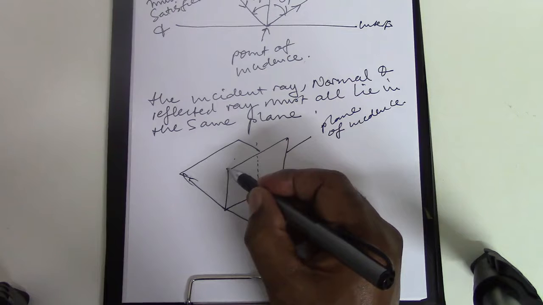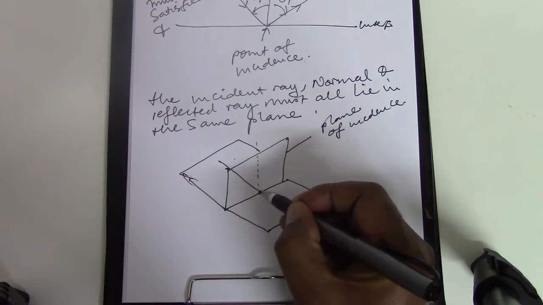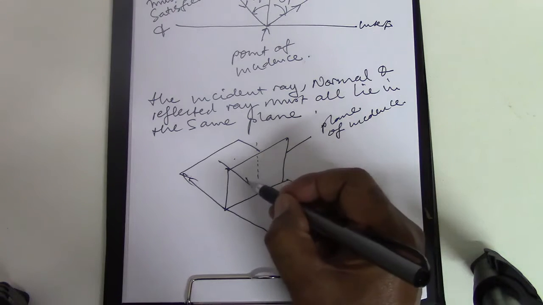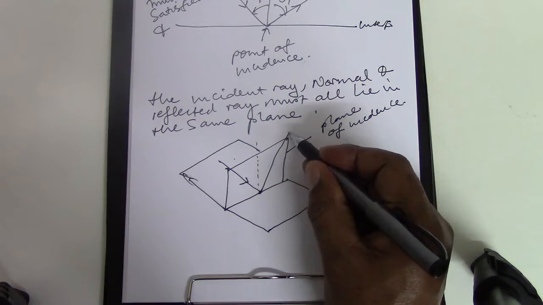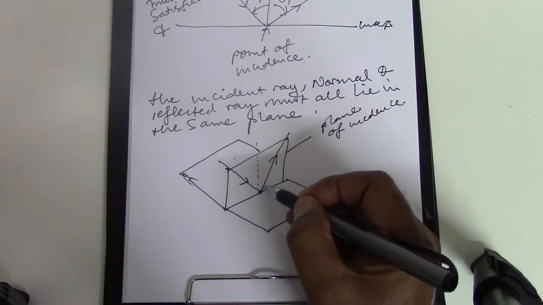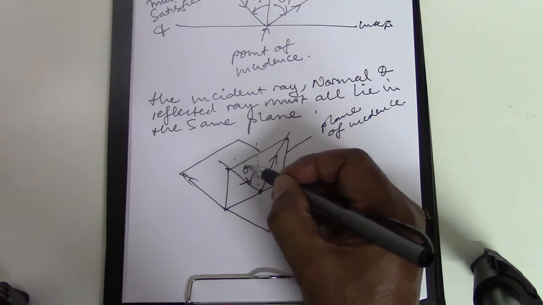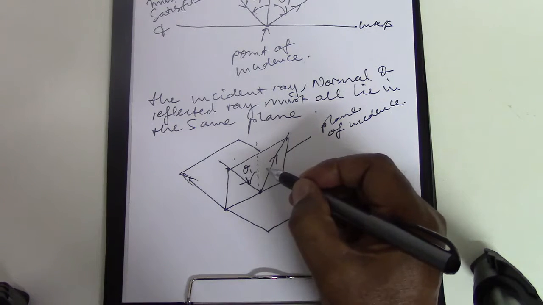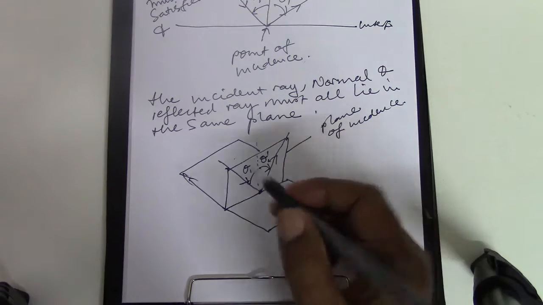The incident ray comes up to the point of incidence, and it's reflected. This is the angle of incidence. This is the angle of reflection.